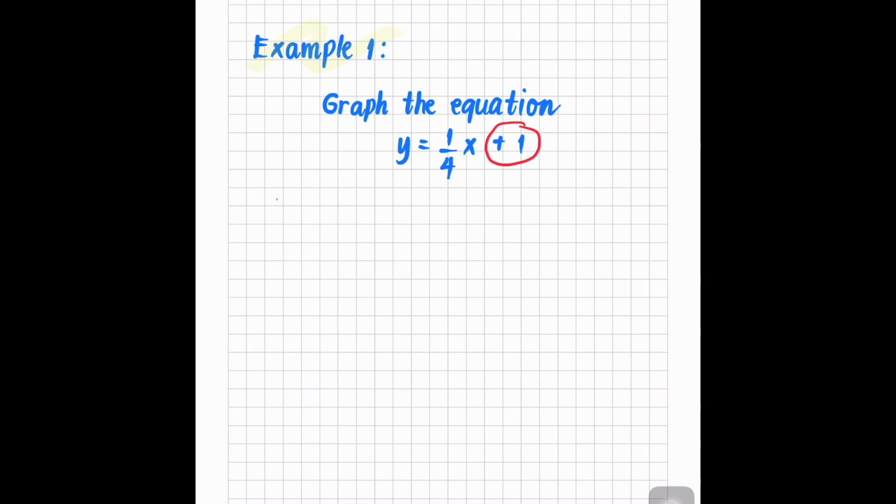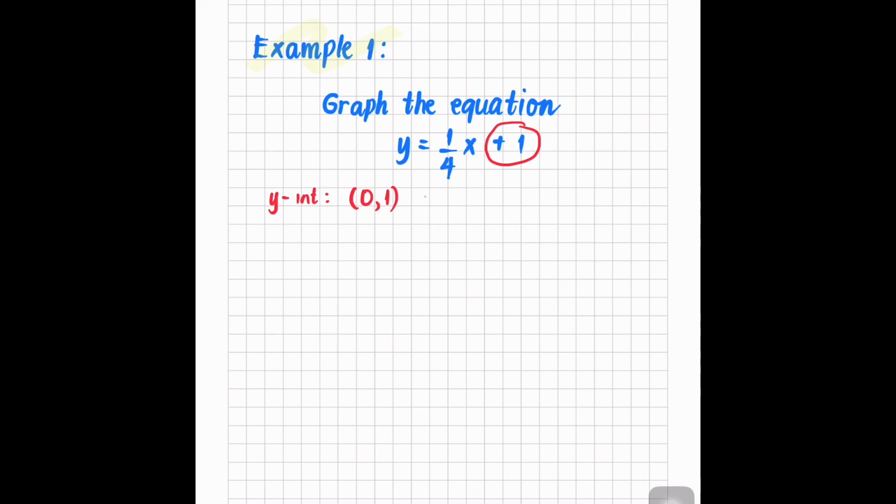So we can say that the y-intercept is at 0, comma 1. We don't need to do anything. But if ever the equation is not written in this form, you can find the y-intercept by letting x equal 0 and then just solving the equation.